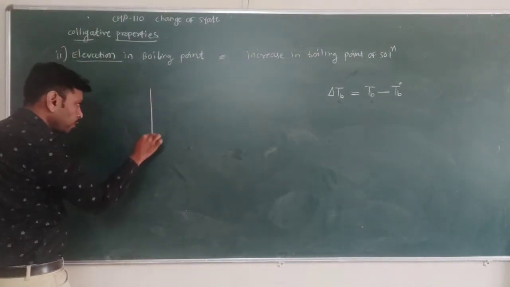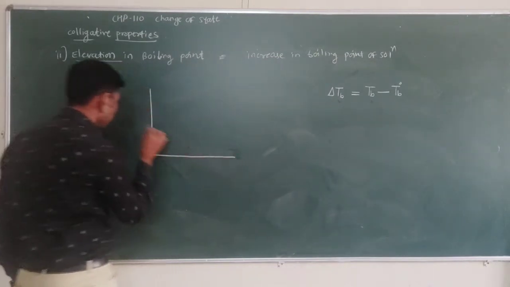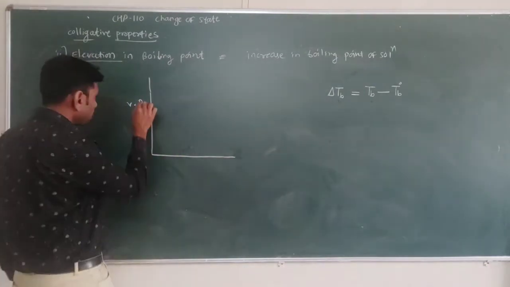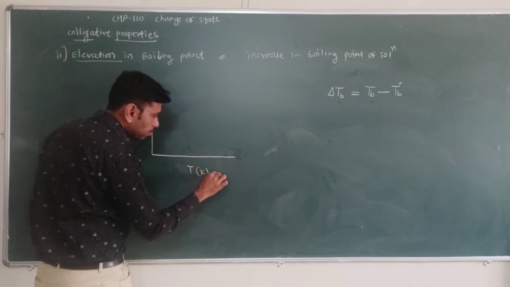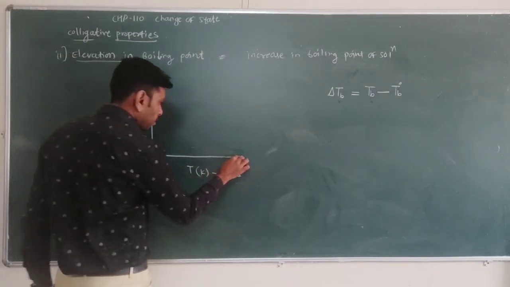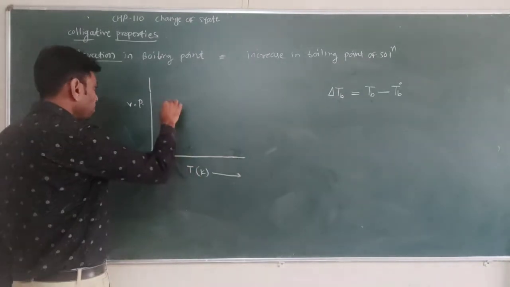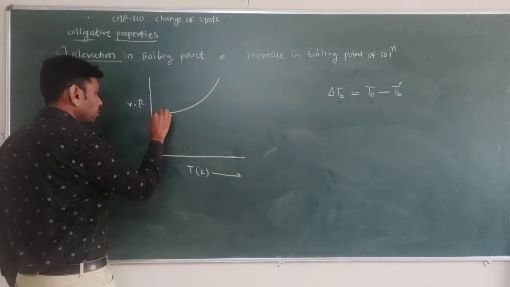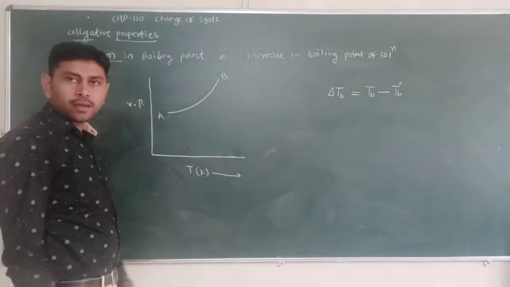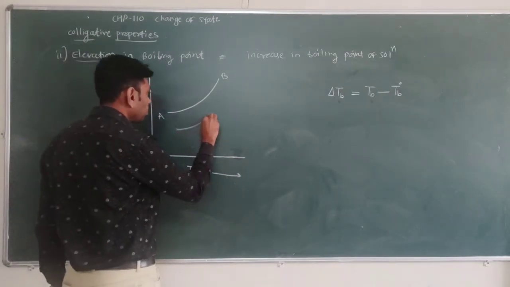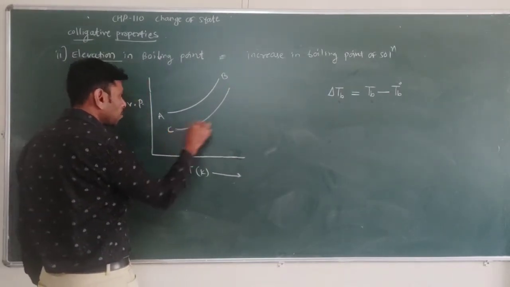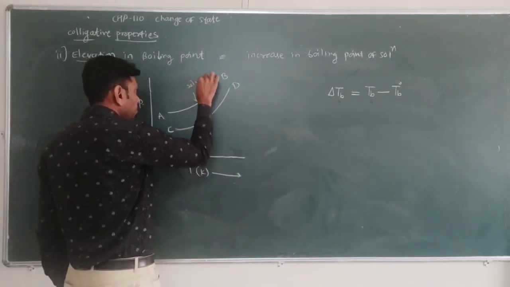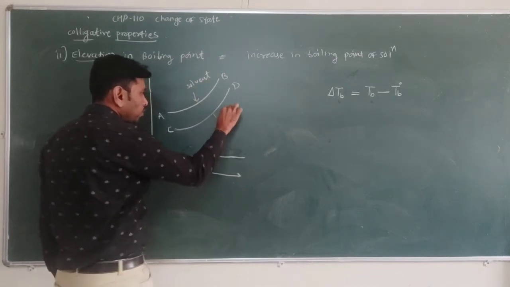If we plot a graph of vapor pressure against temperature, with vapor pressure on the y-axis and temperature in Kelvin on the x-axis, we obtain two curves: for the solvent we obtain the curve AB, and for the solution we obtain the curve CD.